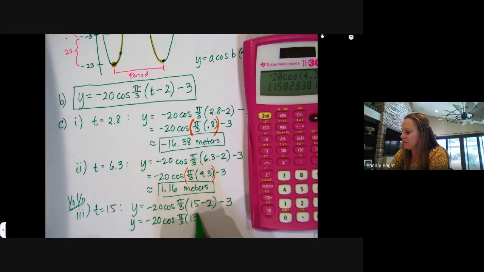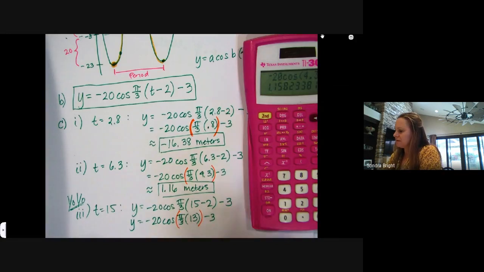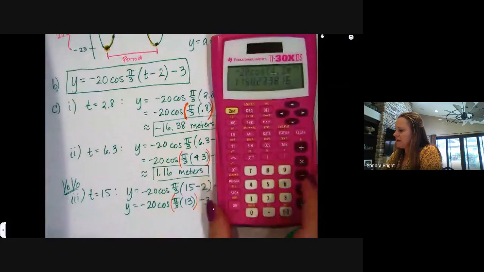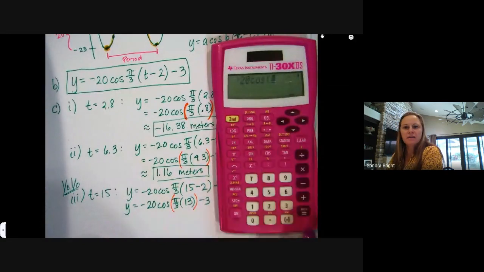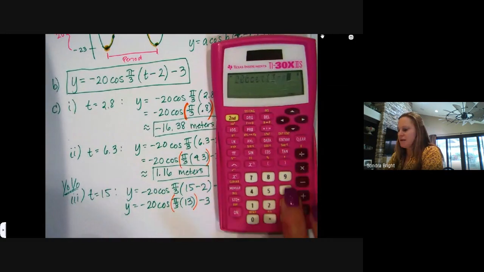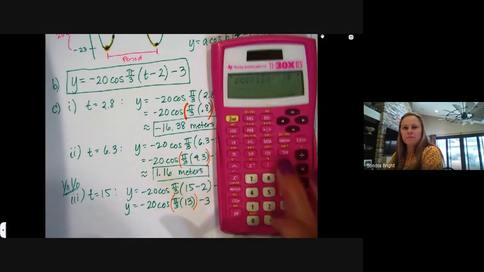And hopefully you remembered, in that parenthesis after the 13 pi over 3, so I've got a negative 20 cosine of 13 pi divided by 3, and the parenthesis, minus 3.